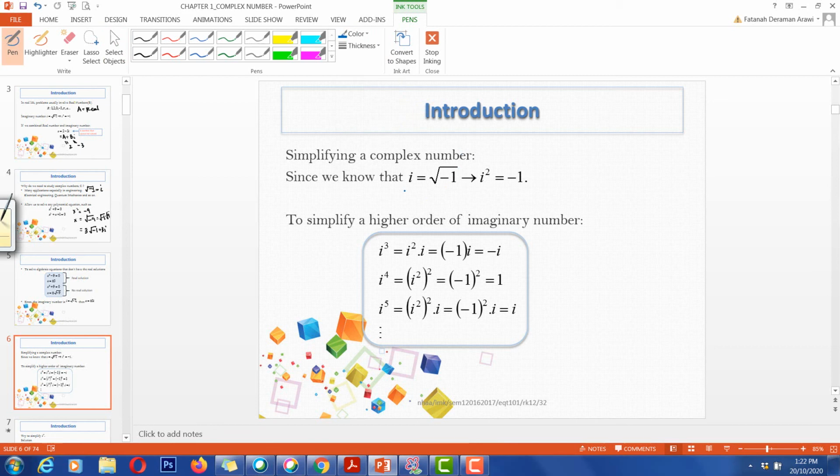It is very important. Then if we square it, the square root of negative 1 times the square root of negative 1 equals negative 1. It is like the square root of 5 times the square root of 5, you will have 5.